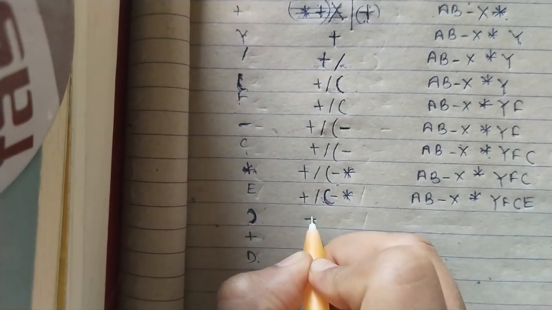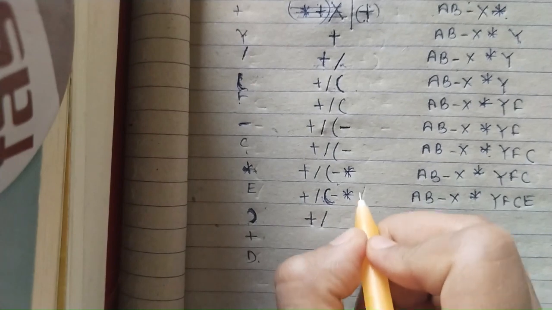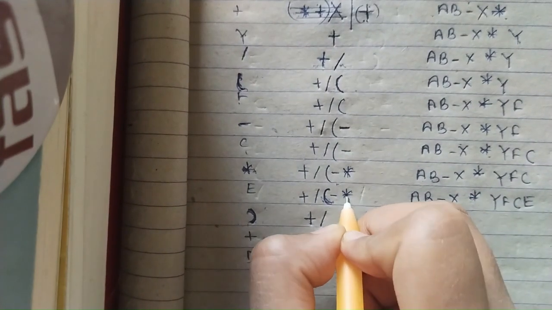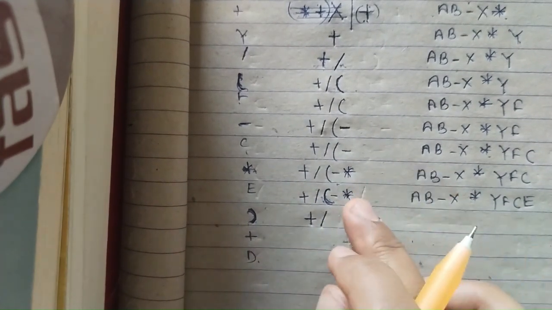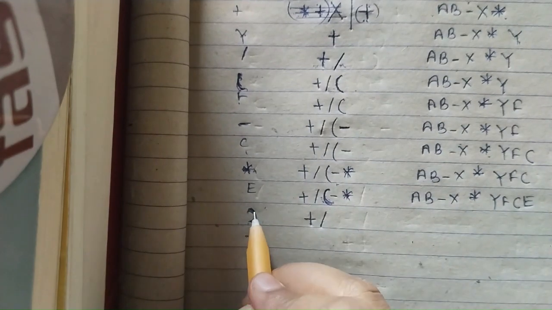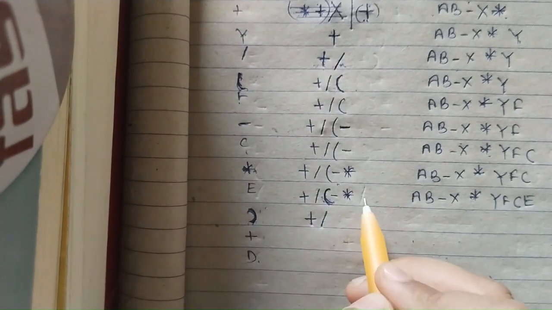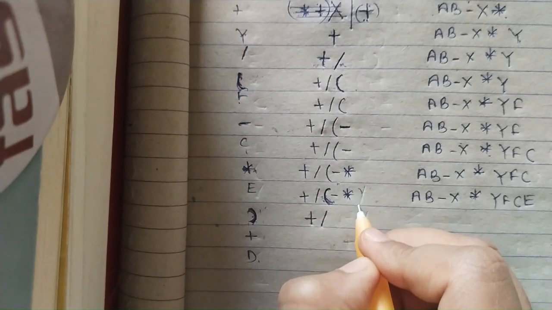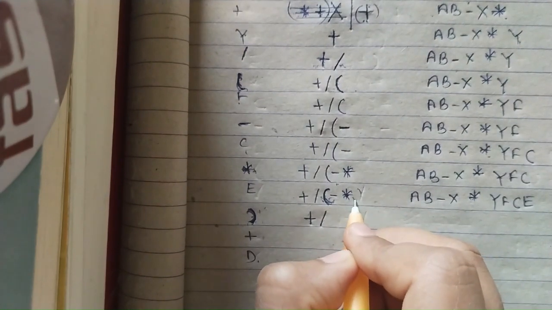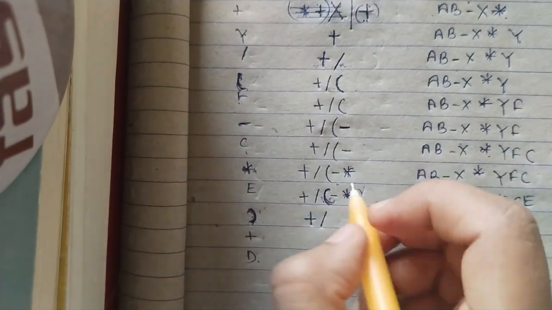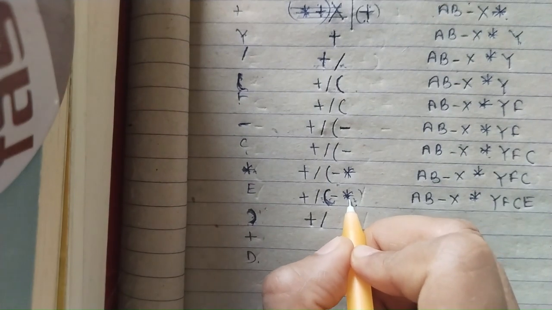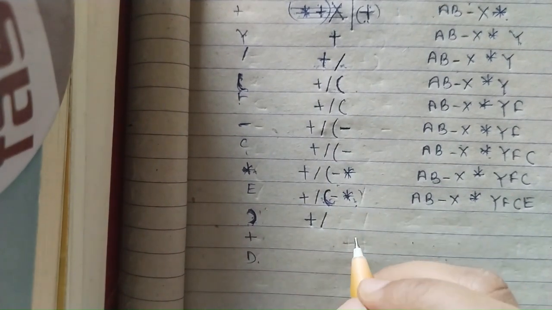So plus divided by, and the one which is at the right hand corner is going to be popped out first. Whatever expressions are there in these two brackets, whatever is at the right hand side will be popped out first.